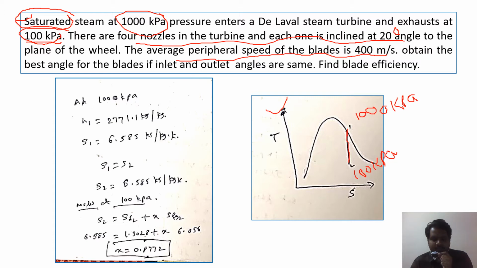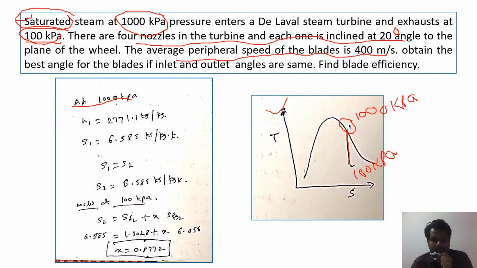As we know, the condition of the steam is saturated steam, as given in the problem. So we have to refer to the saturated steam table at 1000 kilopascal. Now let us find the enthalpy and entropy at point 1.